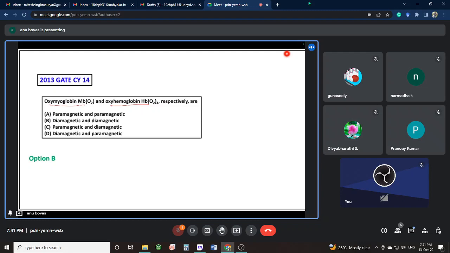We might get confused because we have only just started learning, but there is no issue. We just have to keep reminding ourselves and reading, and then we will not get confused. Both are diamagnetic in the oxygenated state and paramagnetic in the deoxygenated state. If there is any doubt you can ask. Is this clear?